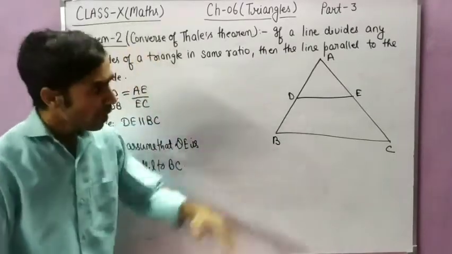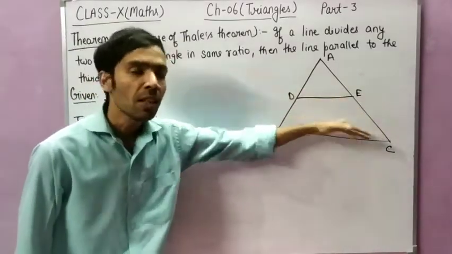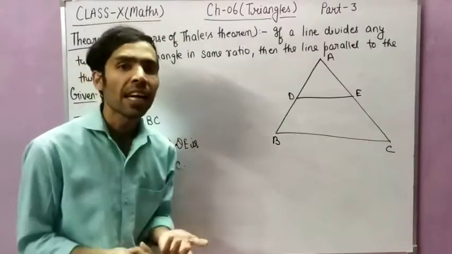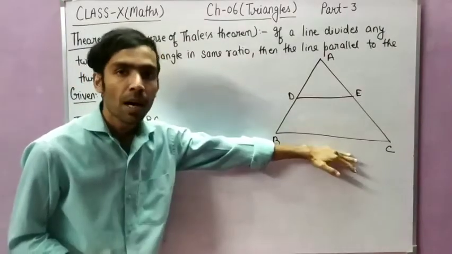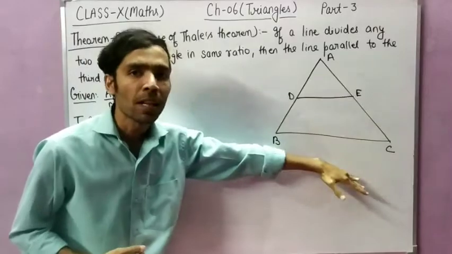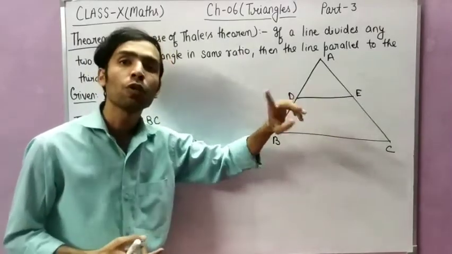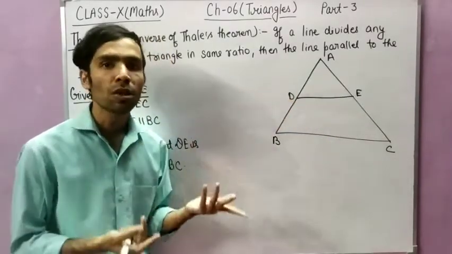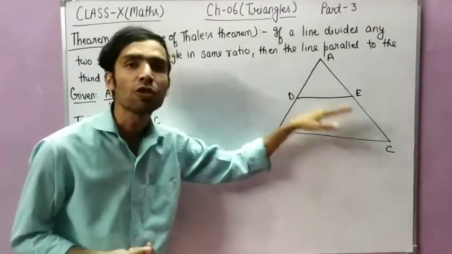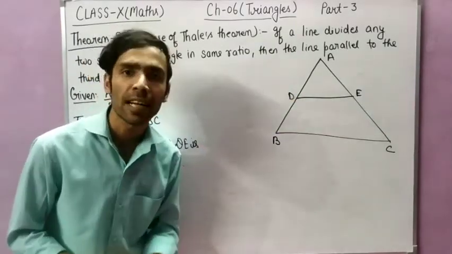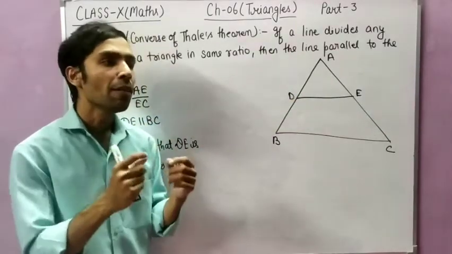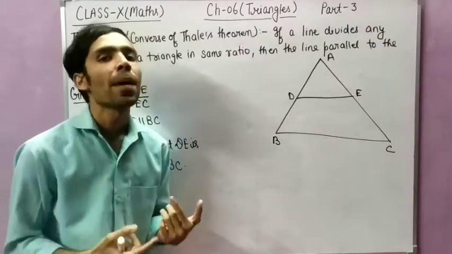So if DE is not parallel to BC, there will be another line which is parallel to BC. If we have assumed that DE is not parallel to BC, then DE and BC are intersecting lines, so there will definitely be a line which is parallel to BC.